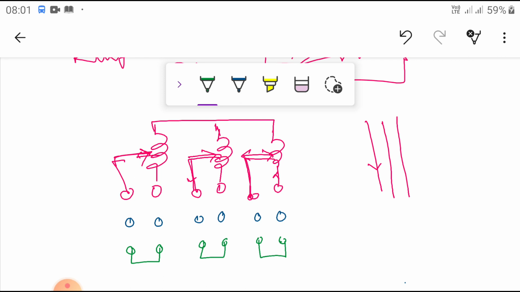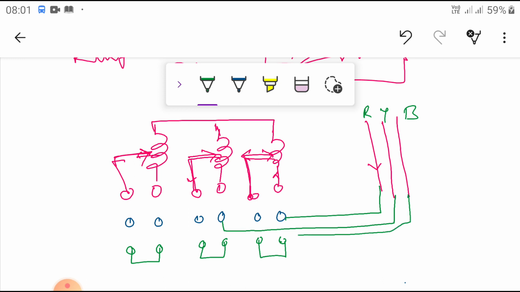Now what is happened here? You can see it. Here R phase, Y phase, B phase is connected, and it has two terminals, no? One is connected here. Now another is connected here, the first terminals, and another is connected here to these terminals.